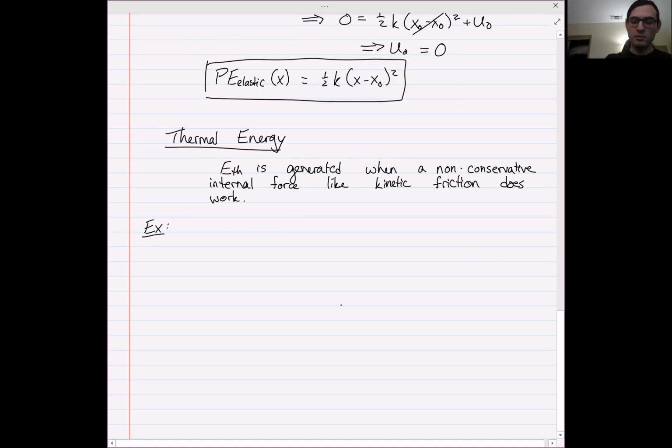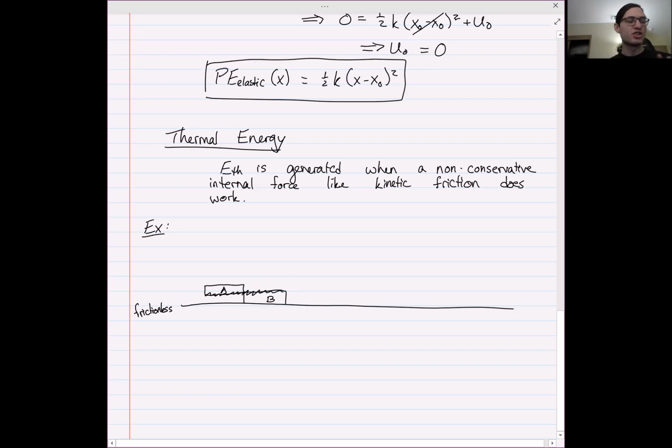is, let's say you have a frictionless surface, like a frictionless table, a really smooth table. Then you have a book that's sitting on top, and let's call that book B. And there's another book, book A, and the bottom of this book is really rough.